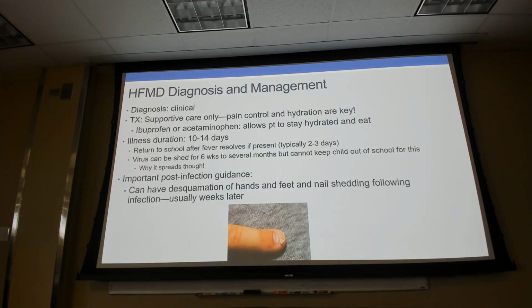And your biggest thing is going to be pain control and hydration. So yes, we've talked about antipyretics and hydration. This one specifically, because it is painful, this is one where kids will circle that drain. And they're just like, I'm not drinking, I am not eating, I am not doing this at all. So getting them as hydrated as possible and as comfortable as possible is going to be super, super important.